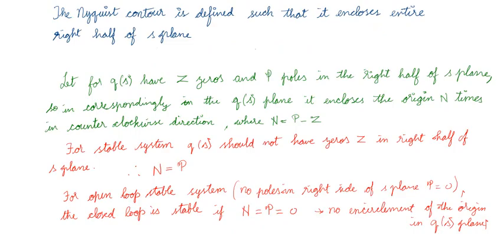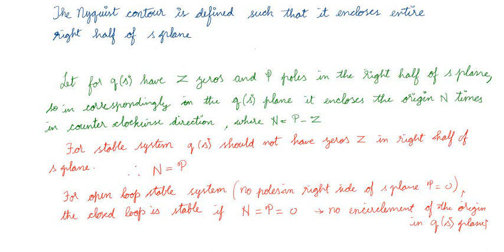Okay, right. What is the Nyquist contour? The Nyquist contour is defined such that it encloses the entire right half of the S plane. Okay, let us assume that Q(S), which is 1 plus GH, has Z zeros and P poles in the right half of the S plane.